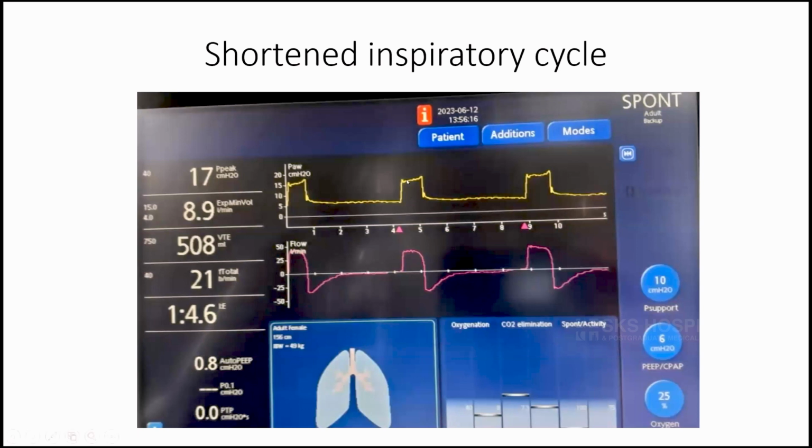You can see the spike is gone and the pressure actually has come down. Sometimes the pressures can go markedly up, which can be injurious to the lung. So if you see a spike towards the beginning of expiration, it means that the inspiratory time for the machine is longer than the patient's requirement. So you do whatever is necessary to reduce the inspiratory time.